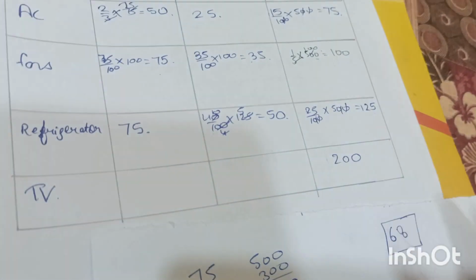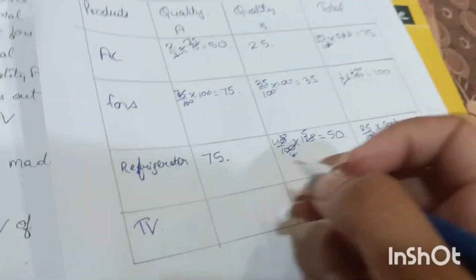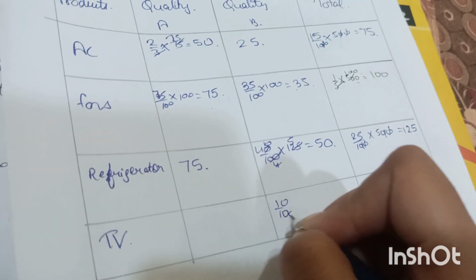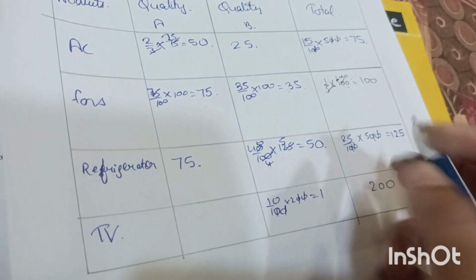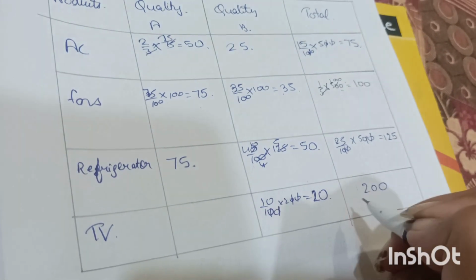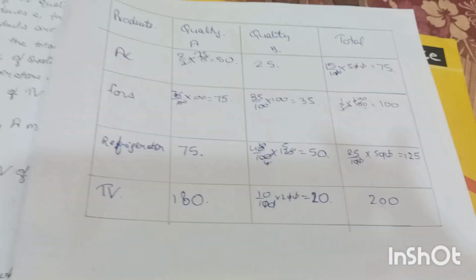So the value for TV will be 200. Okay, so then 10% are of quality B, you will get 20. Then if you'll minus it, you will get 180. So your table is made.